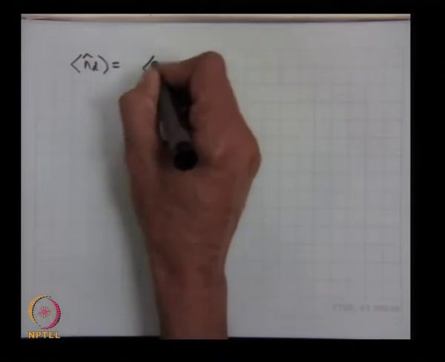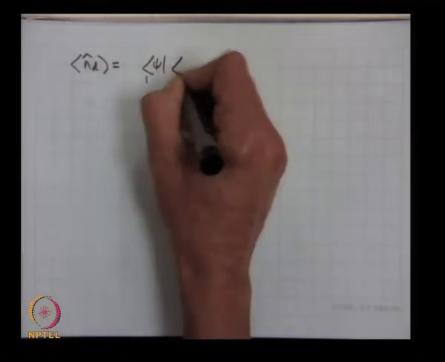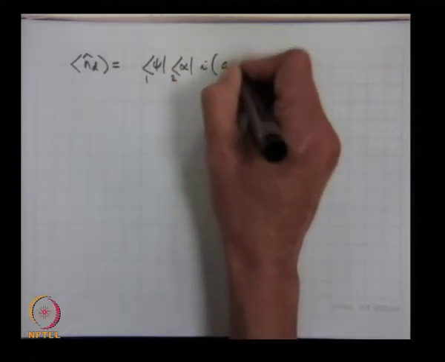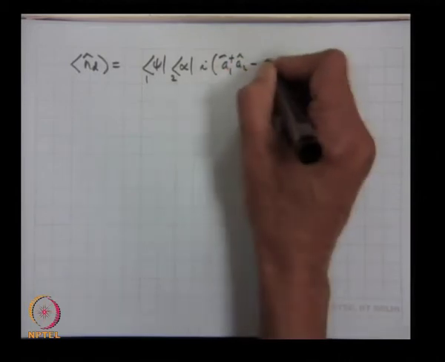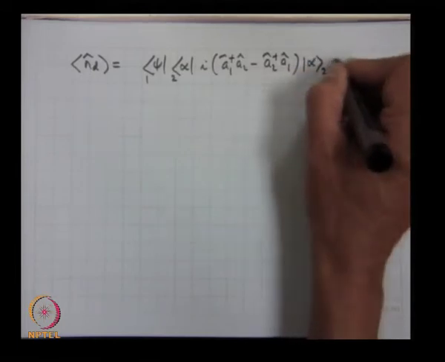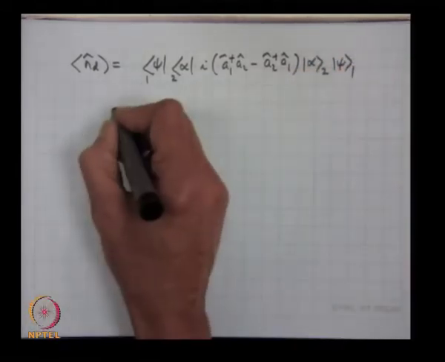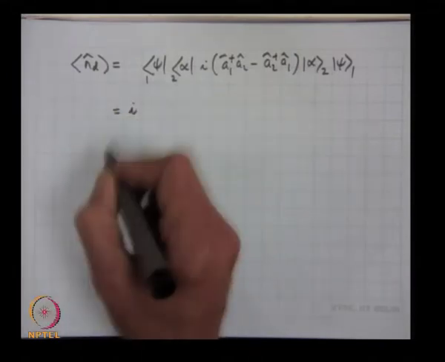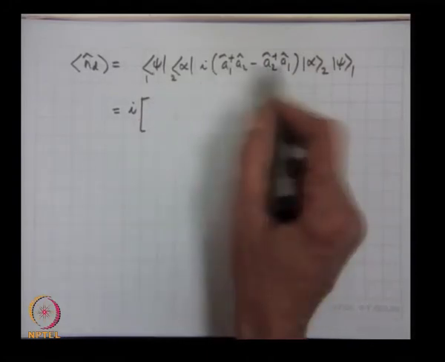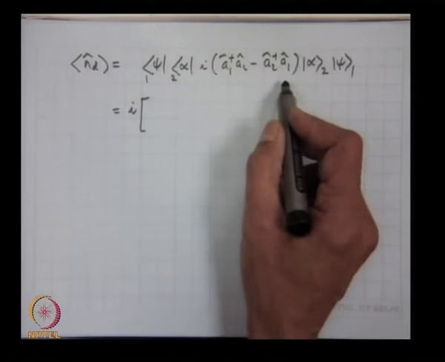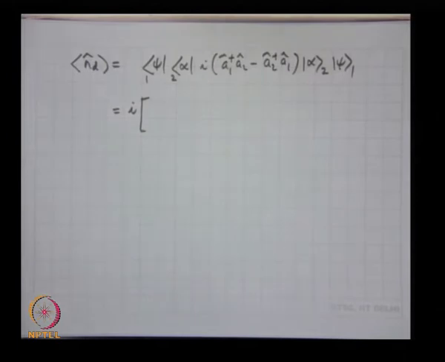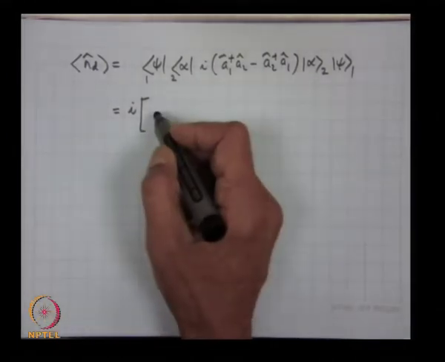This is psi and alpha in state 2 of i times A1 dagger A2 minus A2 dagger A1. Now A1 and A1 dagger operate on psi, and A2 and A2 dagger operate on alpha, because A2 corresponds to arm 2 where the alpha state is incident, and A1 corresponds to arm 1 where psi is incident.